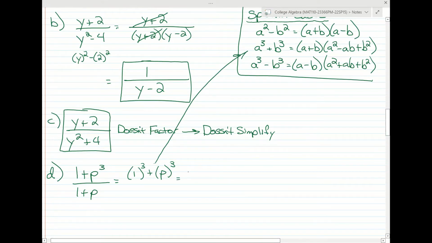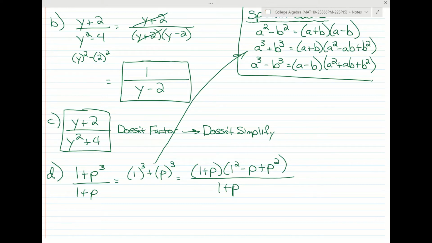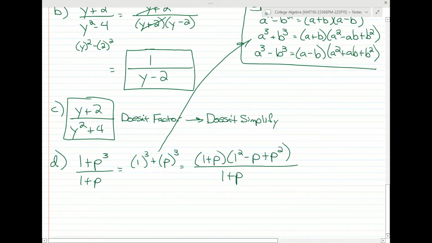We could write the top as 1 plus p times 1 squared opposite sign, always positive, over 1 plus p. That's what we could do. We couldn't do anything other than that.